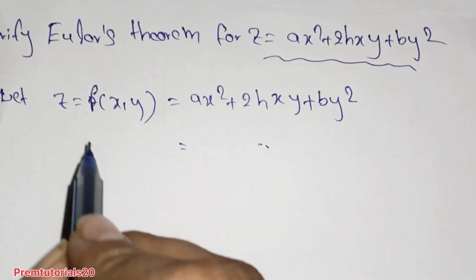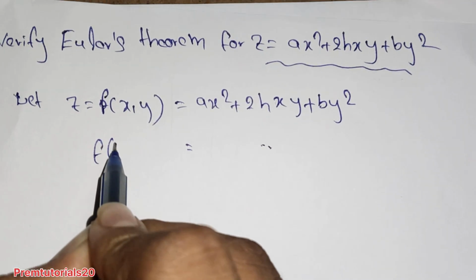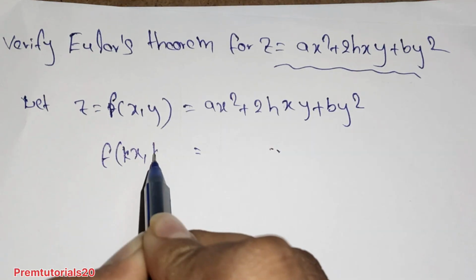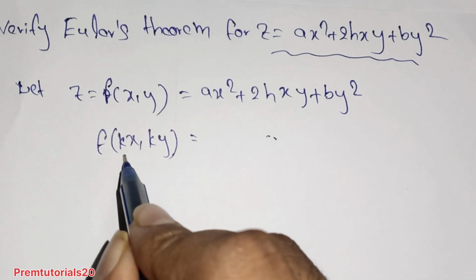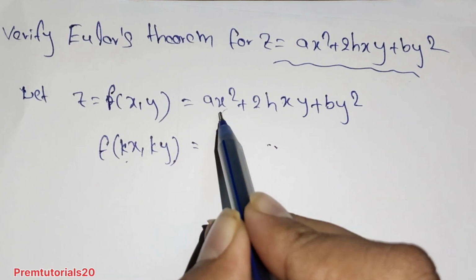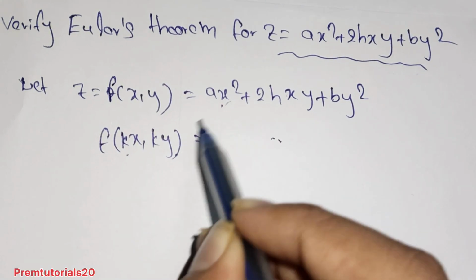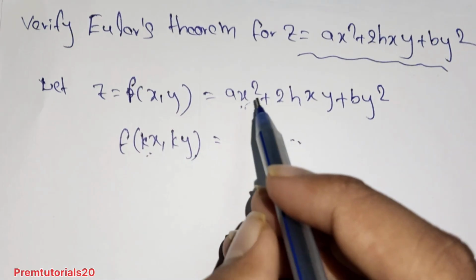Now it's time to take one variable k, that means kx, ky. Here we replace x with kx. Now what does it become?